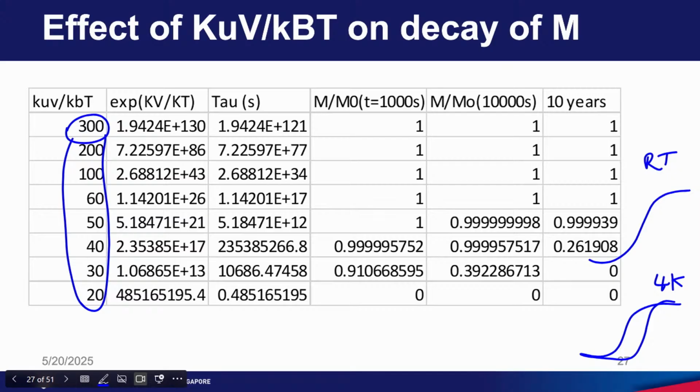So, if I wait for 100 seconds, in samples up to KUV by KBT of 50, there will be no change in the magnetization, but if KUV by KBT is smaller, then you see the magnetization is dropping. So, it is like 1% drop, 9% drop. When it goes to 20, almost no magnetization. Basically, here we have superparamagnetism.